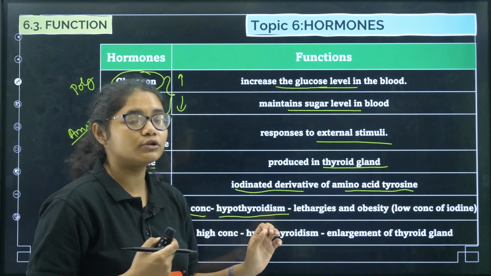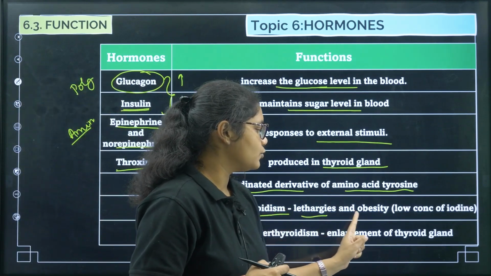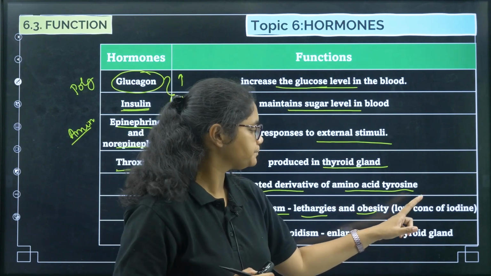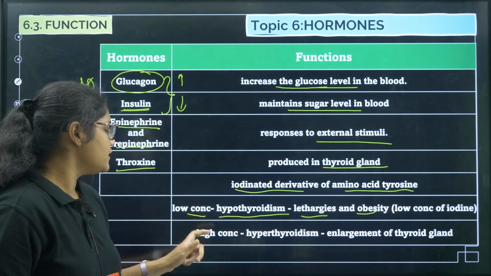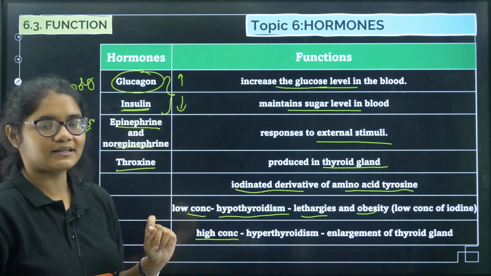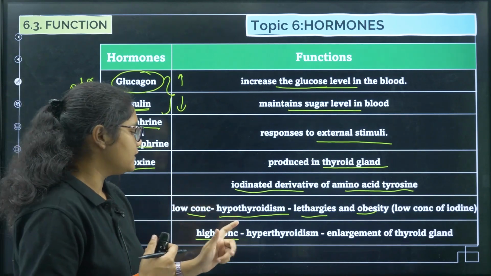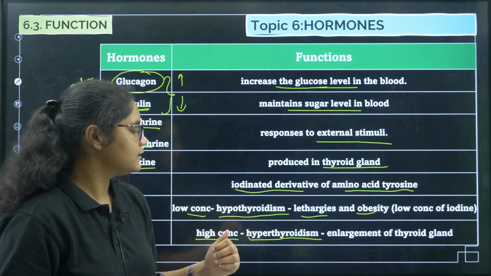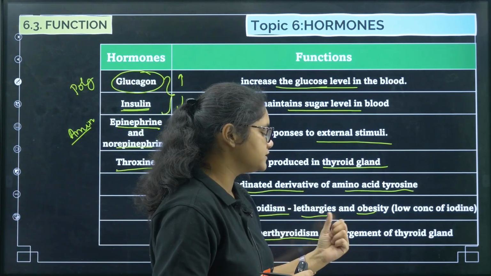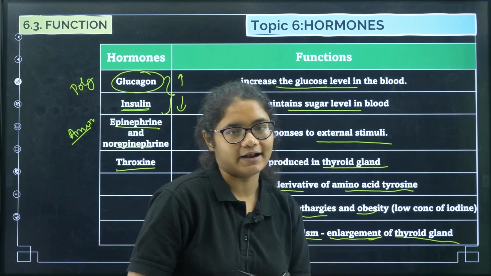from hypothyroidism. What are the symptoms of that? Lethargy, obesity, okay. Low concentration of iodine will be there in the blood. Now if the thyroxine concentration increases, our situation is called hyperthyroidism, and the symptom is enlargement of the thyroid gland, okay.